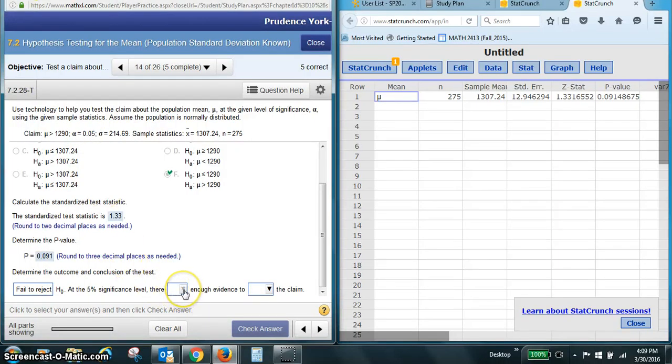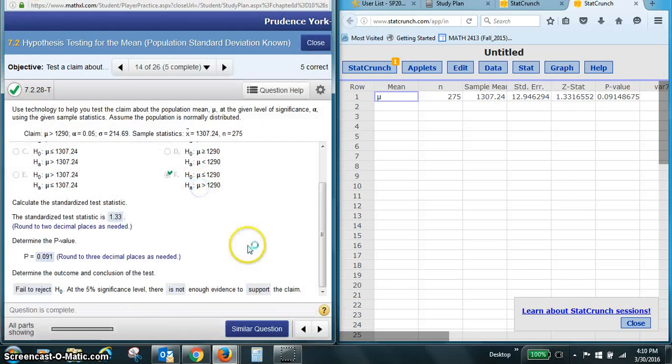At the 5% significance level, there is not enough evidence to support the claim. The claim was the alternative hypothesis, and the only way you could support that is if you reject the null hypothesis. Since we failed to reject our null hypothesis, there's not enough evidence to support the claim that the mean is greater than 1,290.